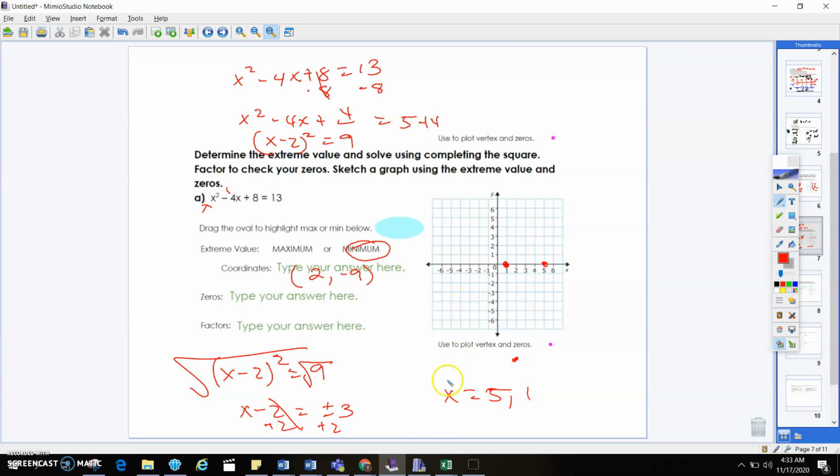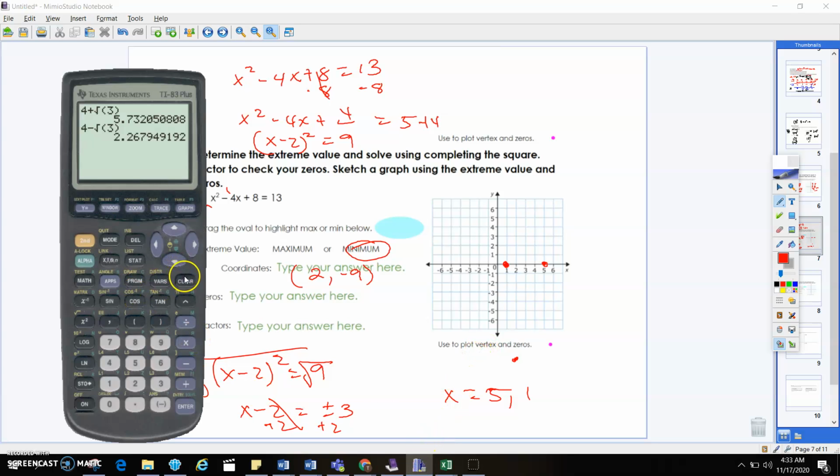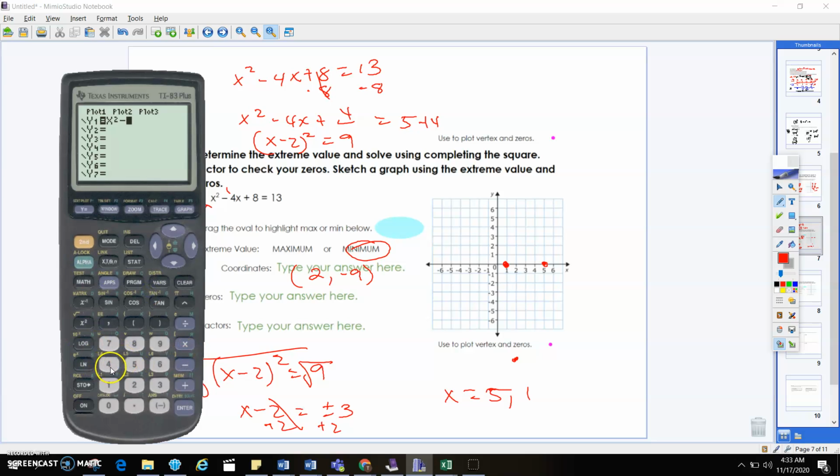And again, I always like to check my stuff. I go into my graphing calculator, and I get x squared minus 4x, and this would be negative 5 if I brought that over.